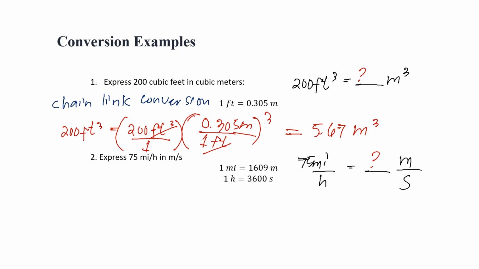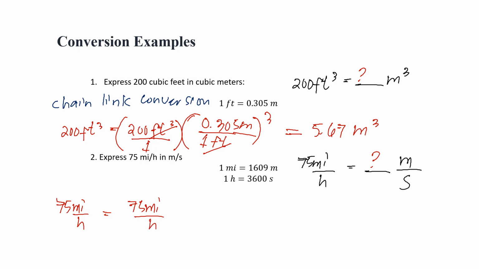So the same process, we do the chain link conversion by writing out first the quantity that you want to convert on the leftmost side of your equation. You have 75 miles per hour.